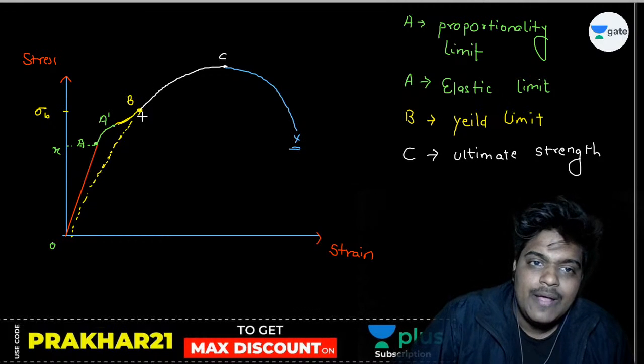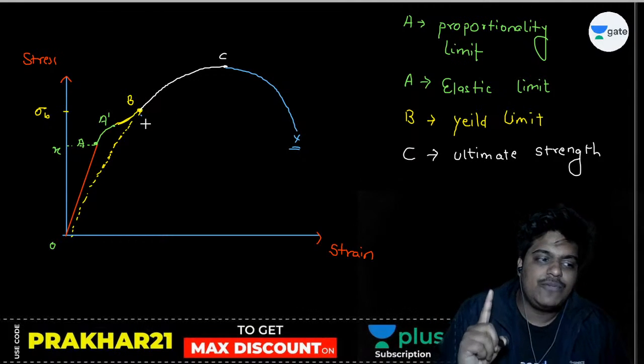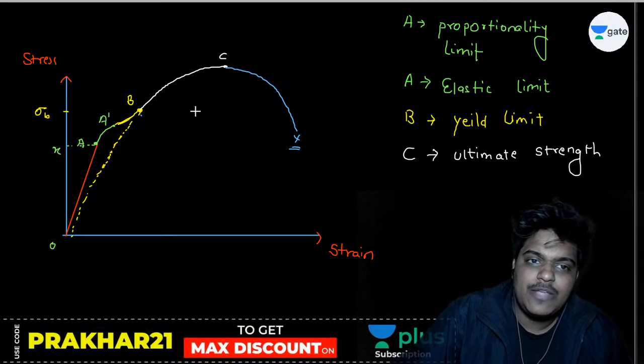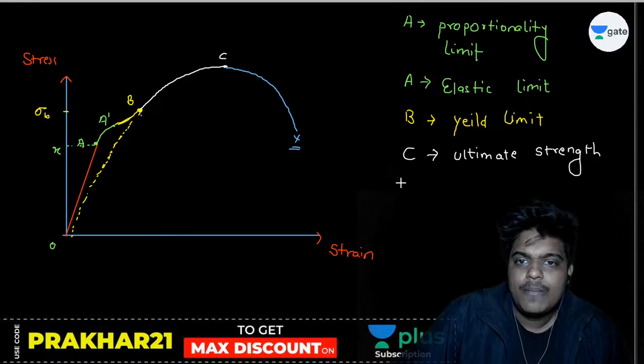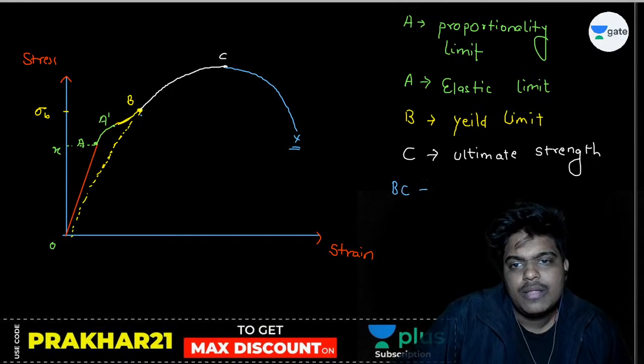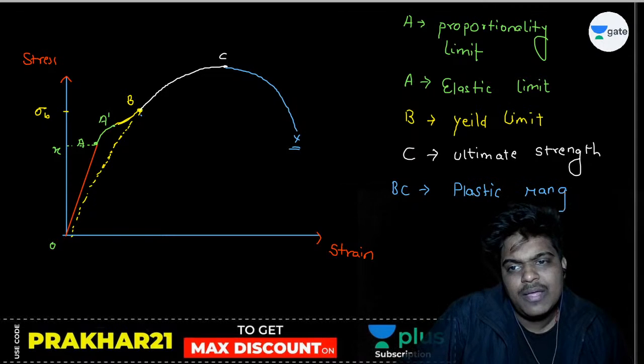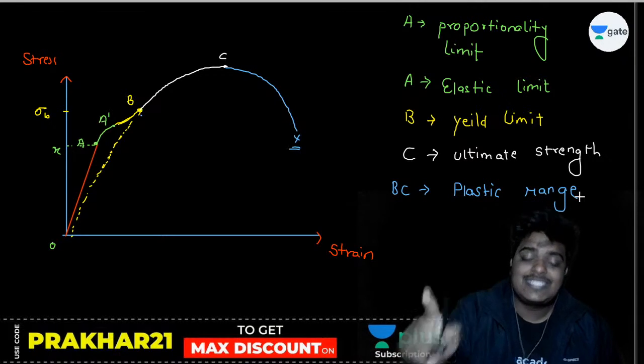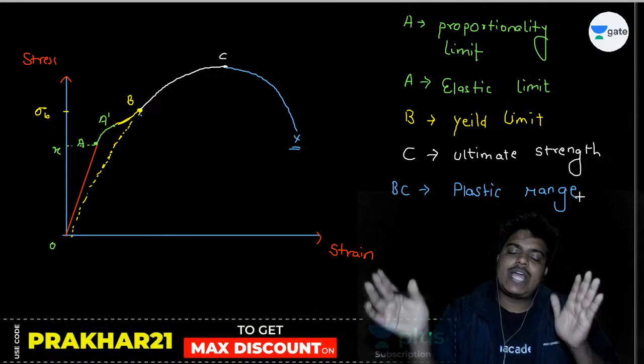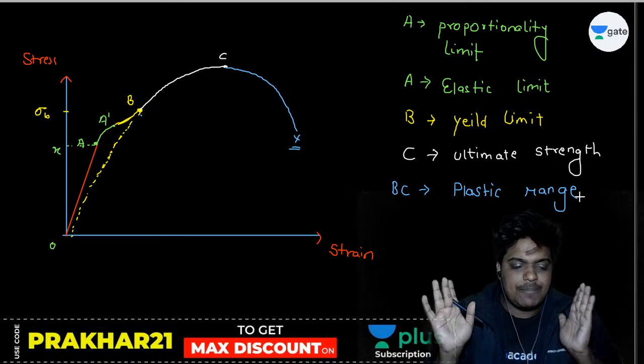So the zone that is beneficial for us is this zone. Between B to C, we will be having the plastic range, and in this range I need to take the product so that it cannot come back to its original shape.